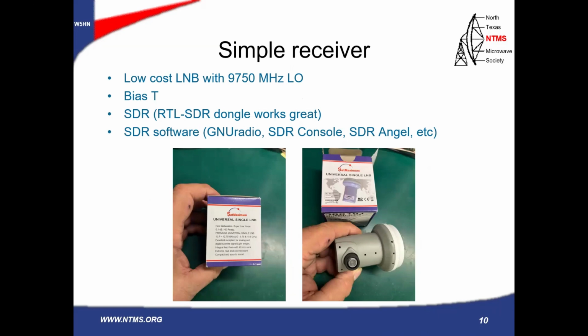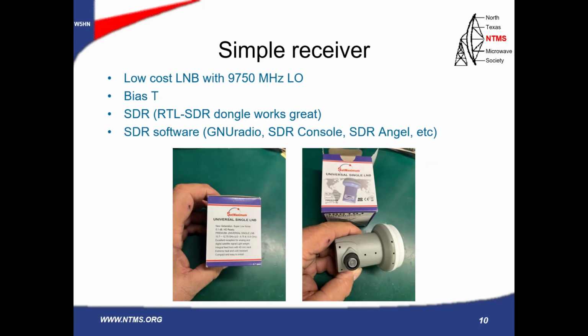So to build a simple receiver, nothing like what they did at UT Austin with a grant, we just get a low-cost LNB. Yellow is 9750. We put a bias T on it, and then we use any SDR receiver. Really, the RTL-SDR dongle works great. And then any SDR software.